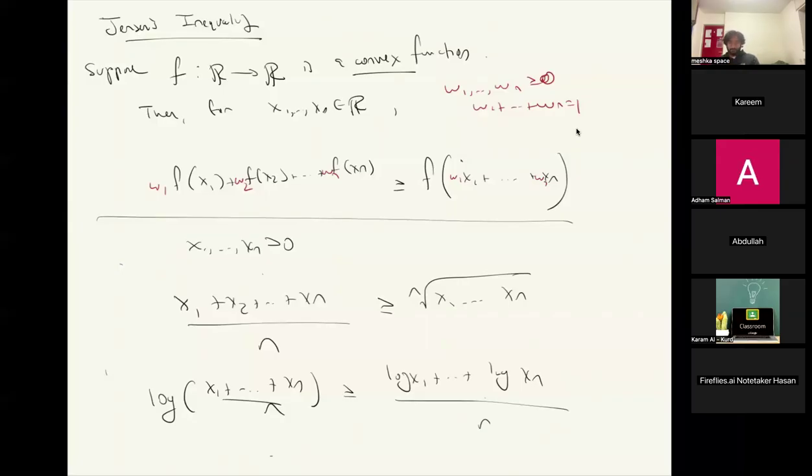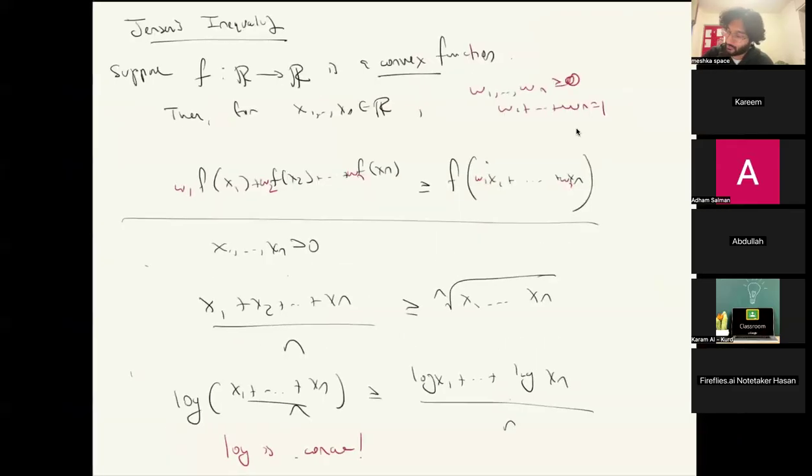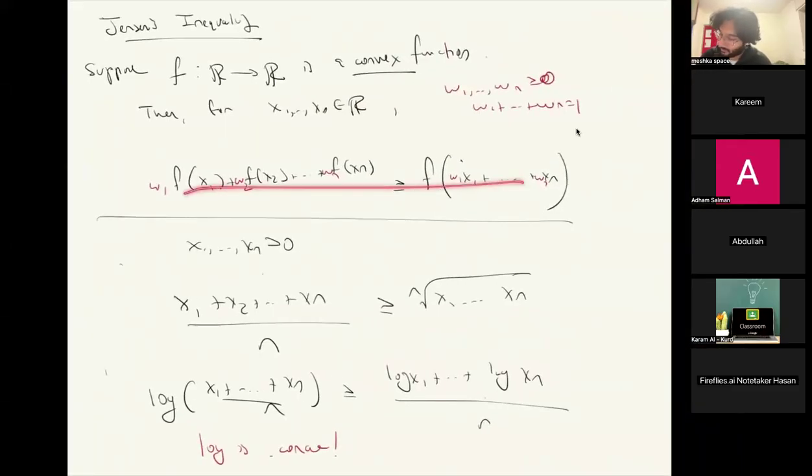And log is concave. So this actually follows directly from Jensen, right? Because it's concave, you flip the inequality. By the way, you guys know why intuitively log is concave, right?